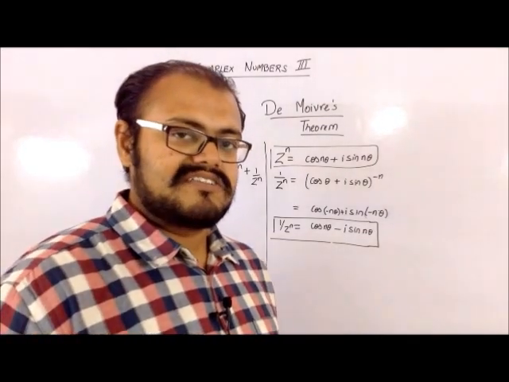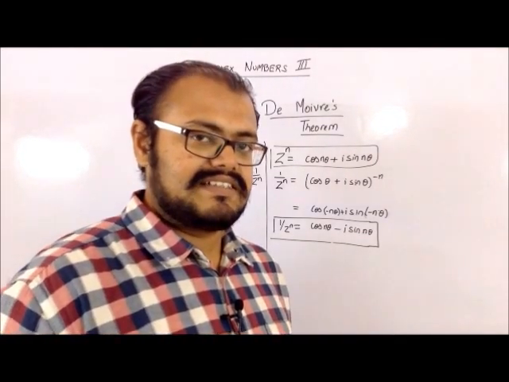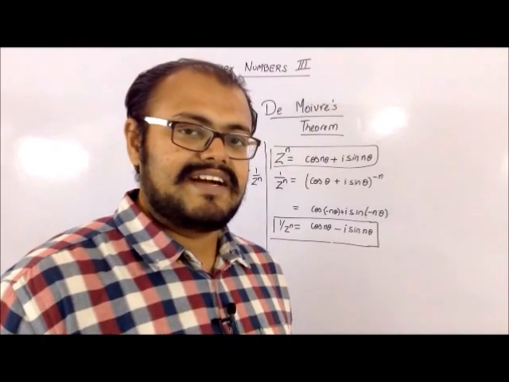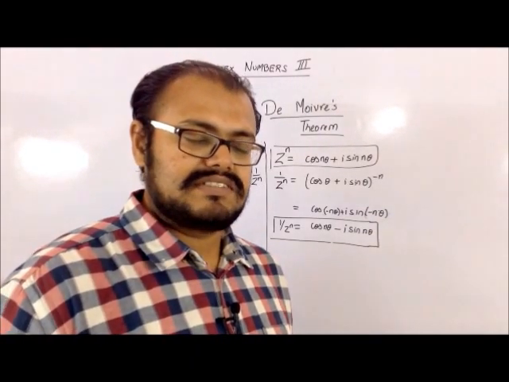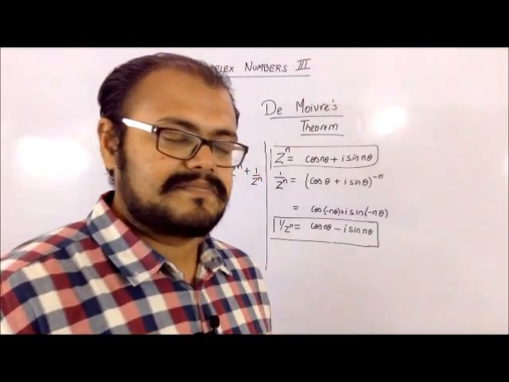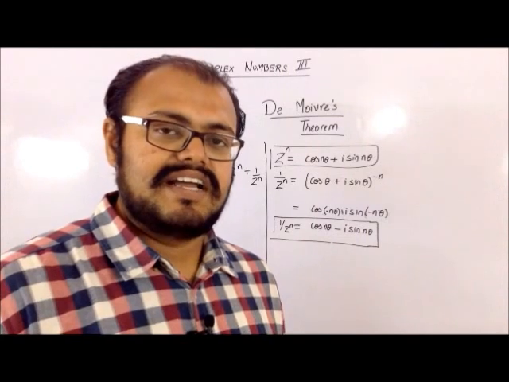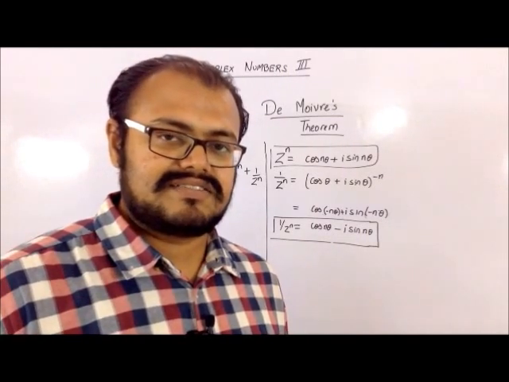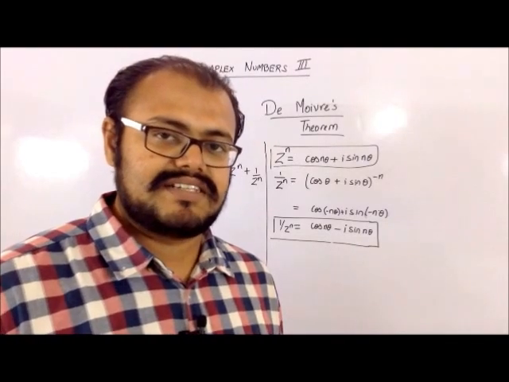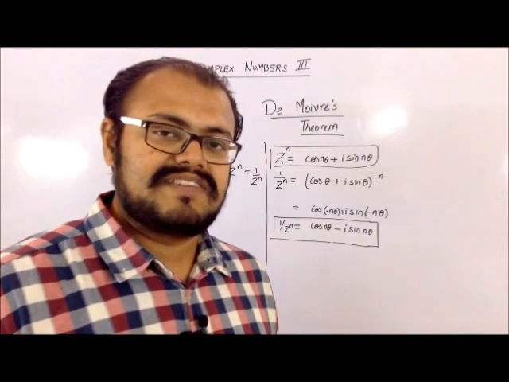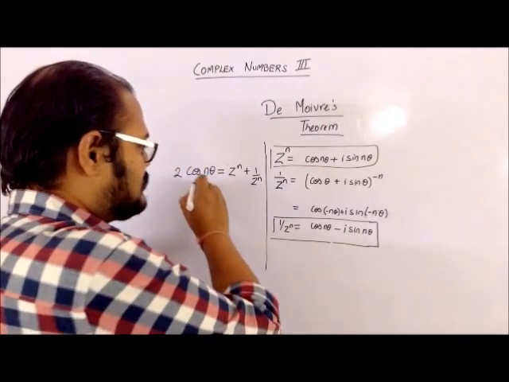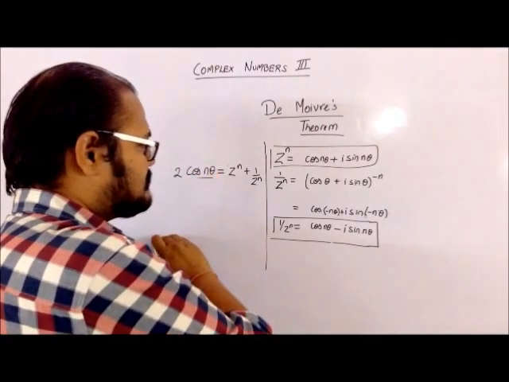After getting ourselves familiarized with the two formulas of z raised to n and 1 by z raised to n, we come to a very important conclusion from this, that is finding the value of cos n theta.